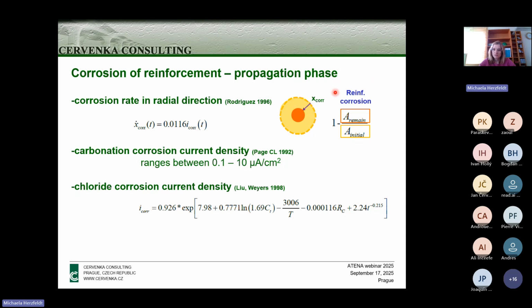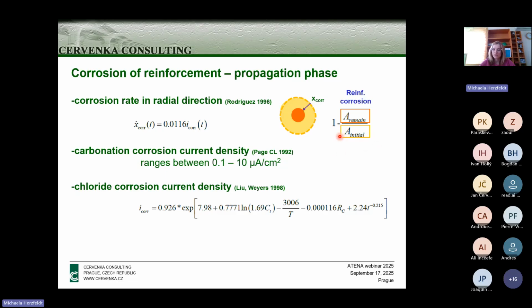What is maybe a little bit interesting here is the reinforcement corrosion parameter that you can actually find easily in post-processing that will tell you how the corrosion is proceeding on the reinforcement, and it's ranging between 0 and 1, and you can see the formula here that it's 1 minus a division or ratio between the remaining area that is not corroded to the initial area.